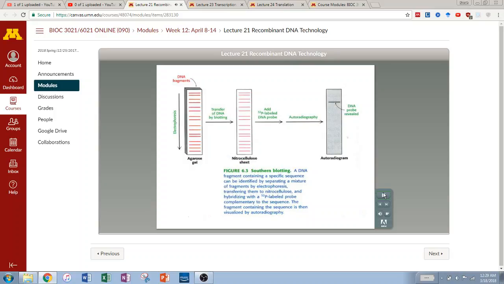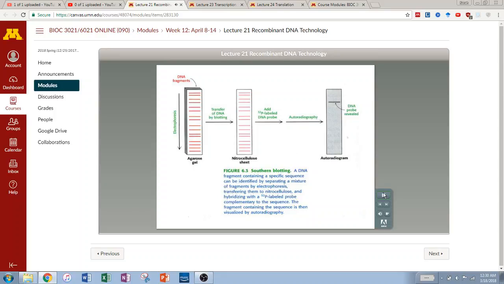Southern blotting is a technique which uses a DNA probe with a sequence of interest to specifically hybridize to a DNA sample carrying a complementary sequence. The DNA sample is cleaved with a restriction endonuclease, subjected to electrophoresis, and the separated DNA fragments are transferred to a sheet of nitrocellulose paper. The sample is then hybridized to a radioactive DNA probe.